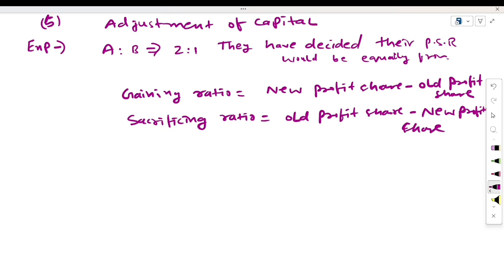Now in this question, our old ratio is 2:1 of A and B. Their new profit sharing ratio would be equal, in the sense their new ratio would be 1:1 because there are two partners. Now we have to calculate the gaining ratio or sacrificing ratio.